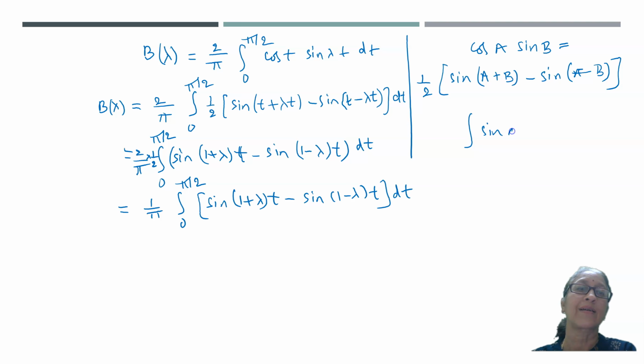Now integral sine ax dx equal to minus cos ax upon a.